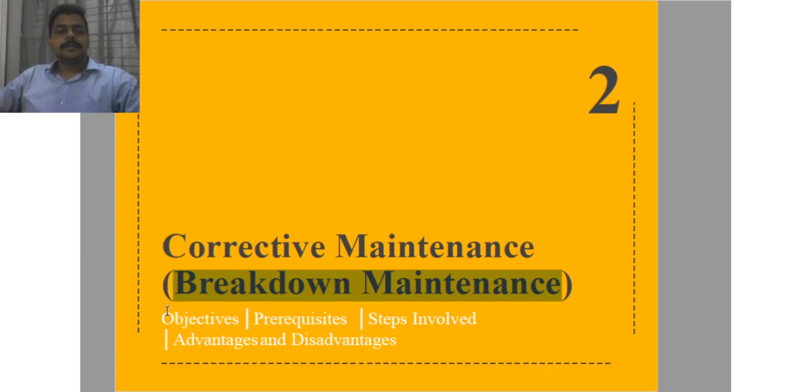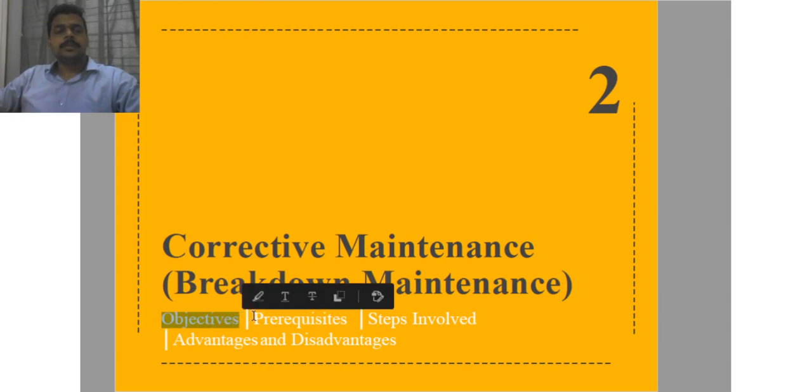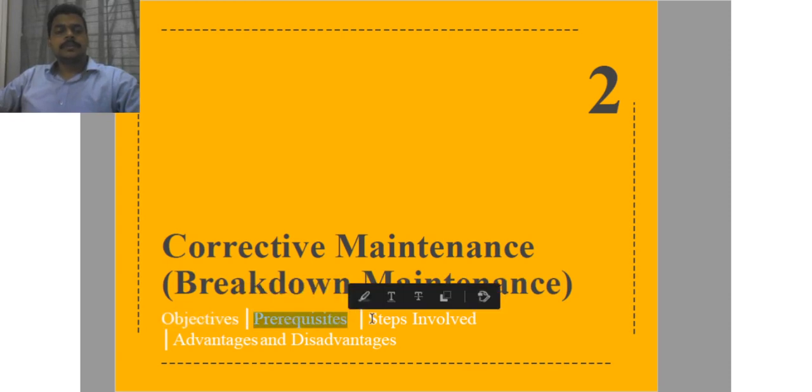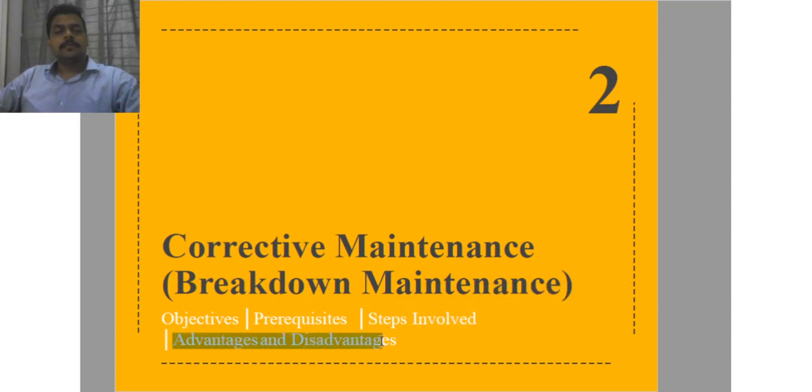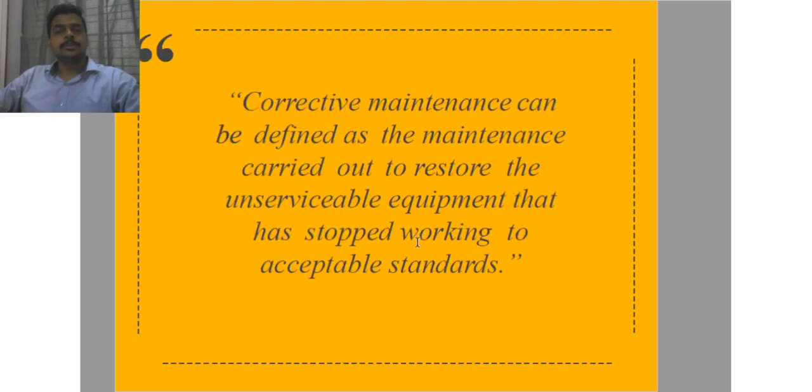Today we are interested in the objectives, the prerequisites, the steps involved, and in the same sequence the advantages and disadvantages of corrective maintenance, or breakdown maintenance. So let's go to today's topic.